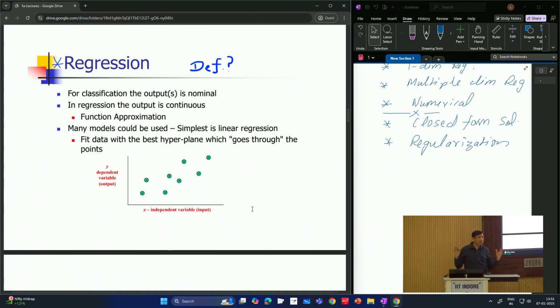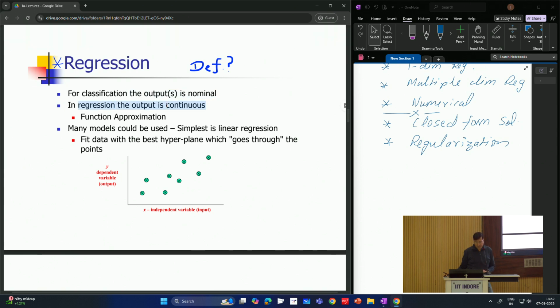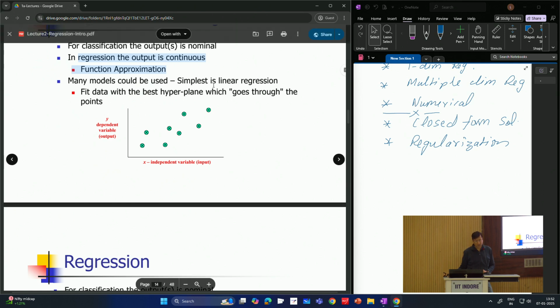In classification, you usually have discrete values deciding into classes, whether 2 classes or 3 classes, and so forth. A regression problem gives you a continuous scale where you can always find a value, which will be clear in the next few slides, whether you're doing interpolation or extrapolation of data. So in classification, the output is nominal or discrete. In regression, the output is continuous. You use function approximation, and the simplest way is to do linear regression.